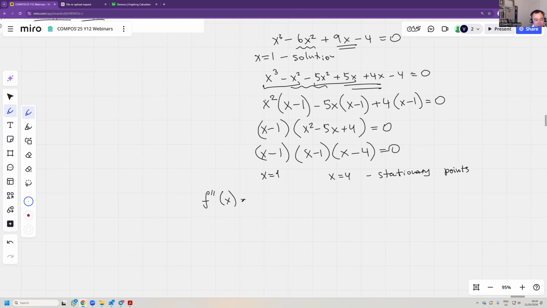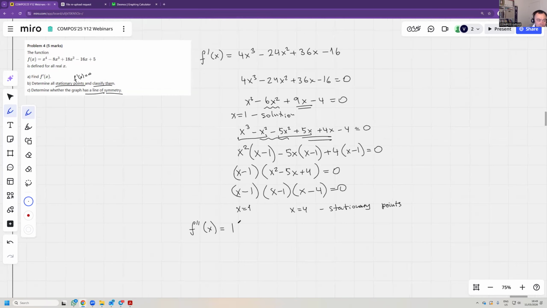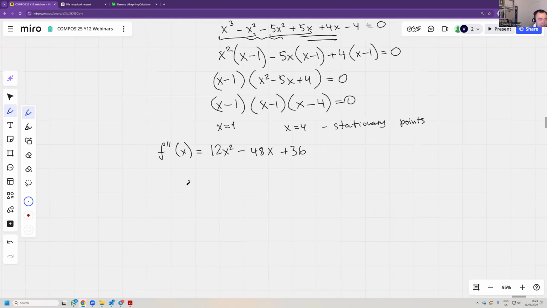The second derivative is 12x squared minus 48x plus 36. And then the second derivative at point 1 is 0. That means x equals 1 is a point of inflection.